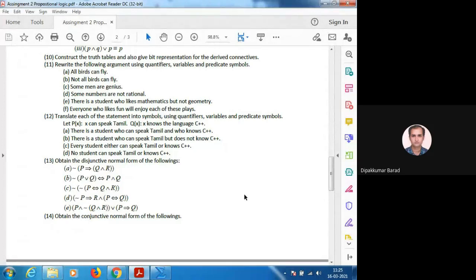Sometimes you require all these things. And statement P is also logically equivalent to not of not P. Not of not P is nothing but P, negation of negation gives the statement itself.